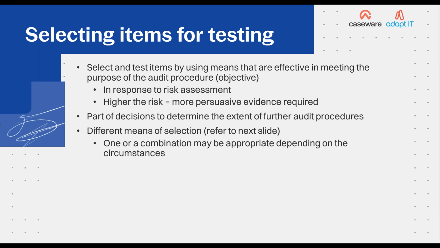Yes, today's session is a focus on the sampling methods and on completing the sampling documents. But please bear in mind that it's not always the most appropriate, the most cost-effective way of getting your audit evidence. So there's nothing that says you must always do a sample. There are other ways in which to select.